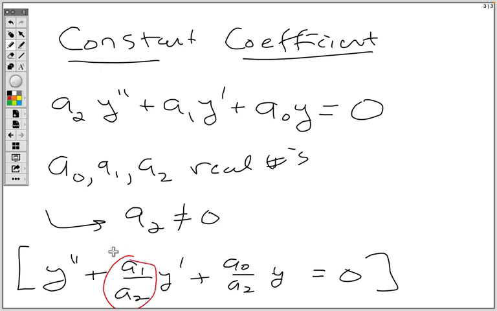So here would be our p of x function, here would be our q of x function. And since these are constant functions, they're continuous everywhere. So everything that we talked about last week applies to this specific case.